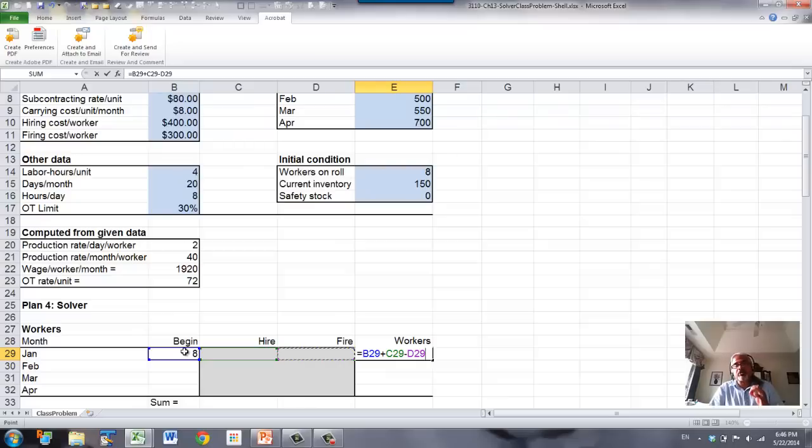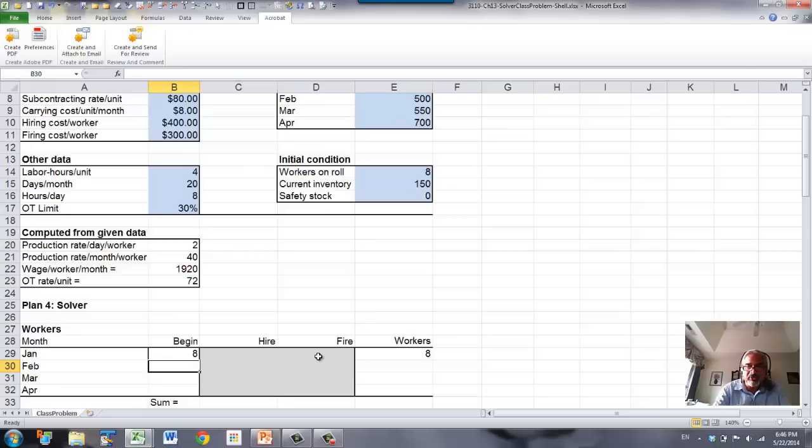So that will give us the number of workers we will have producing in the month of January. Of course, right now these two cells are blank because we haven't run the solver model yet. We have to set up the model first and then run solver, and when we run solver we will have numbers for those cells.